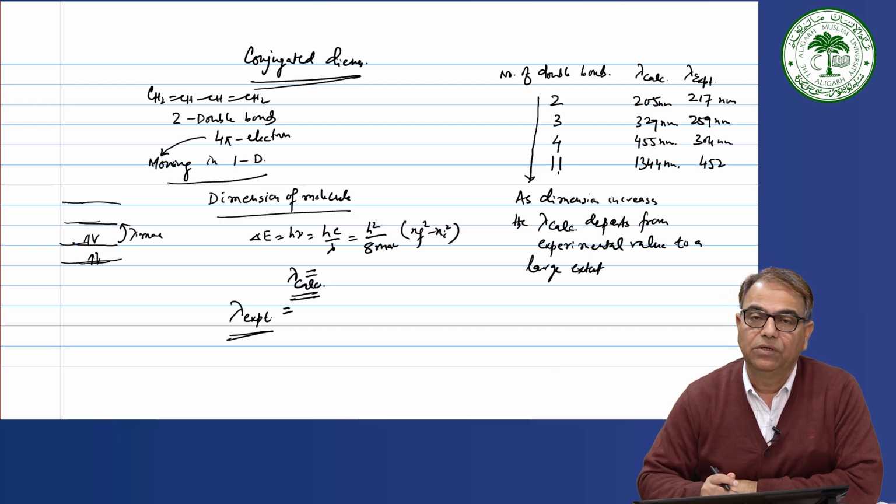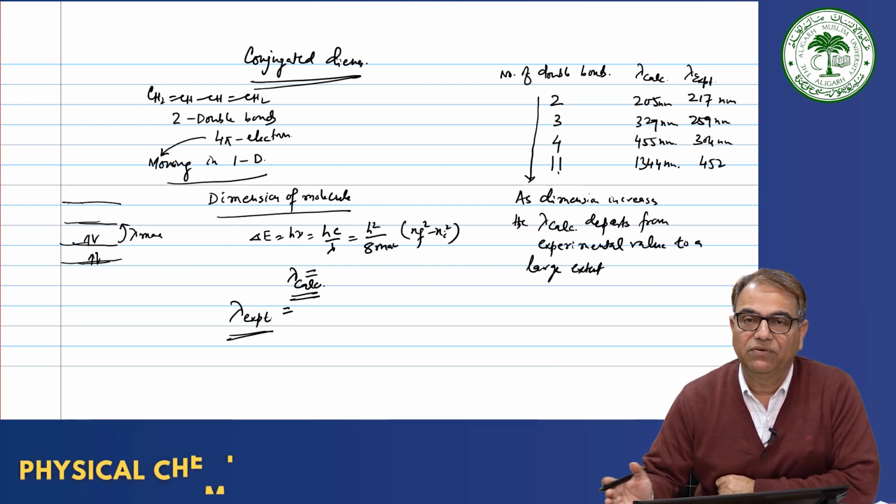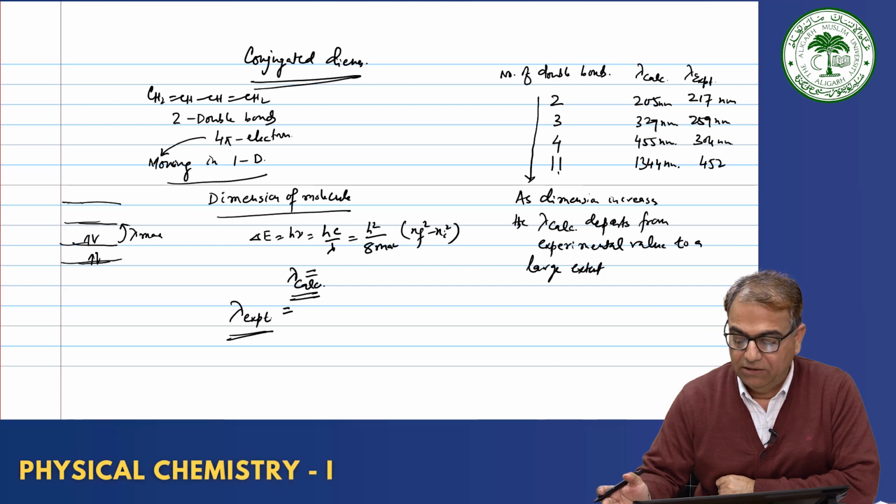And I told you that if you increase the dimension, then dimensionality leads to departure from the quantum mechanical results. Discreteness is also lost for a larger system, and you get a band structure like this one.